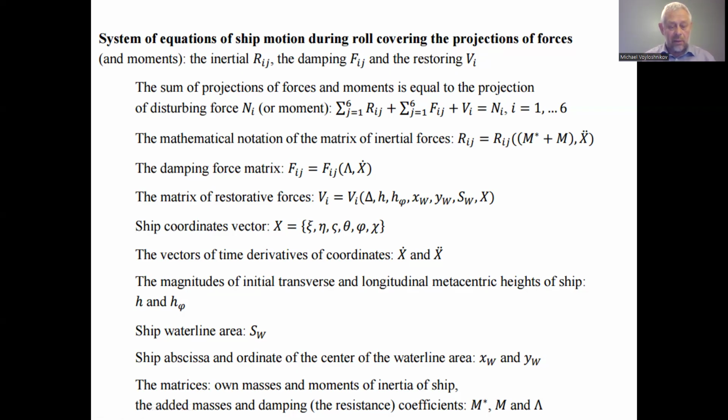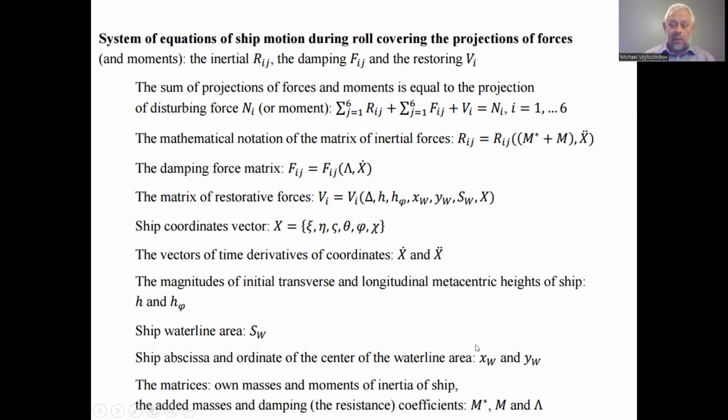That is, rotating relative to the ordinate axis, the rotating of the ship, h5, excuse me, rotating relative to the ordinate axis, and h4 is just rotating around the abscissa axis, that is the heel, and this is trim. The ship's abscissa and ordinate of the center of the waterline area, x_w and y_w. y_w could be 0 if the ship is symmetric.